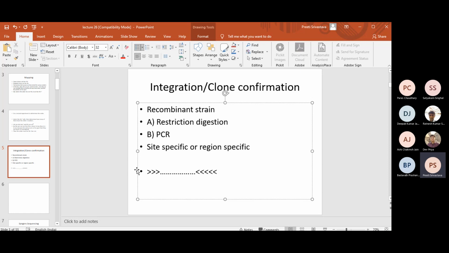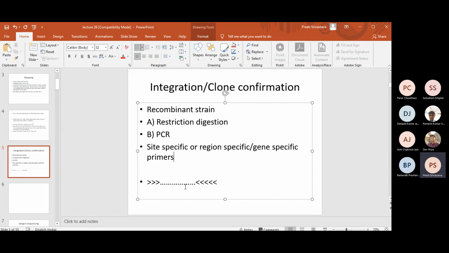So you can select a particular site for integration, and the primer that you design will be specific to the chromosomal region, that means to the less than or greater than symbols. Region specific primers are what we call gene specific primers. So you design the primers, for example, for GFP in this case, which are internal to the dotted region, right?